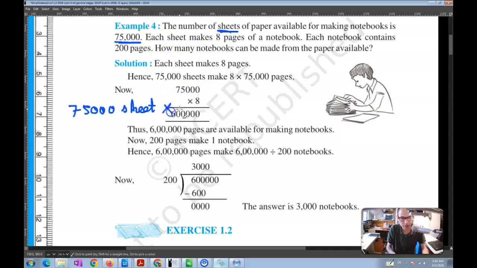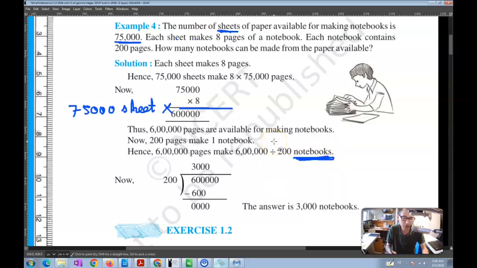I remember that I want to get rid of sheet over here, because what I want to end up with is only the number of notebooks.